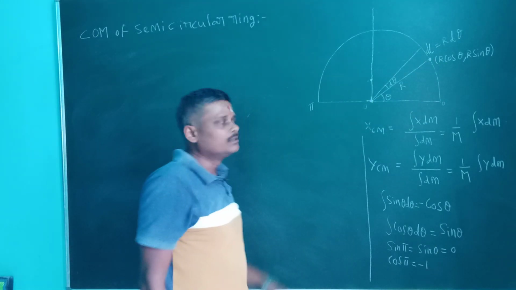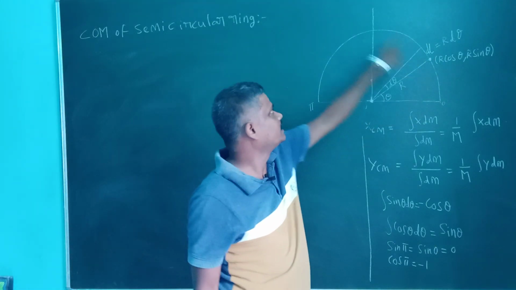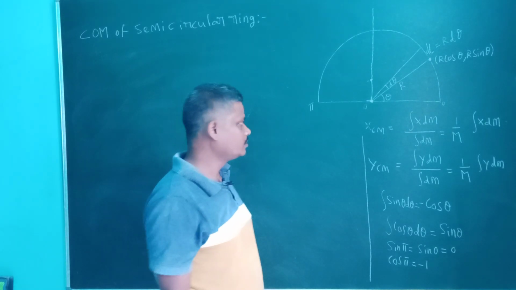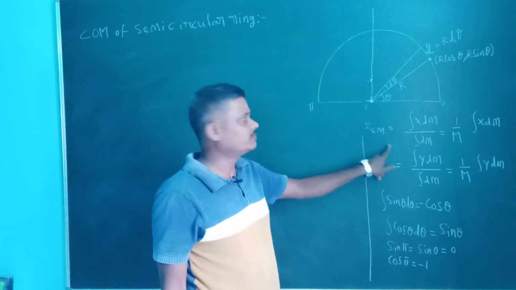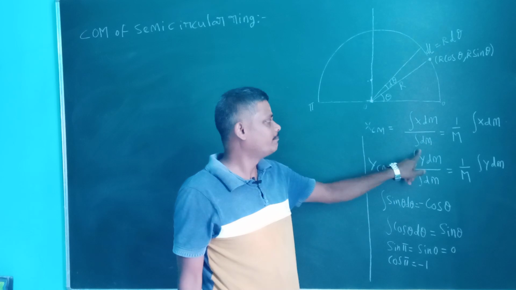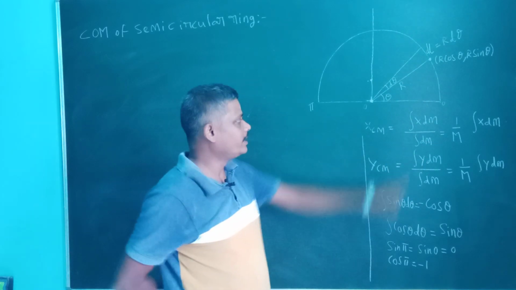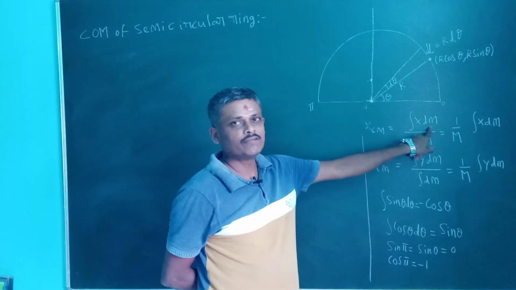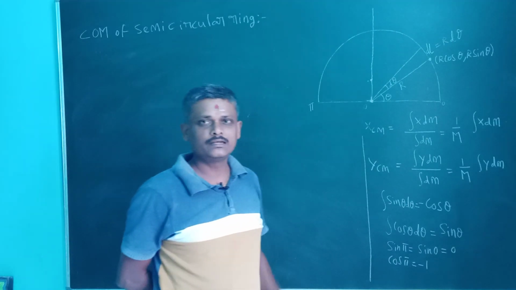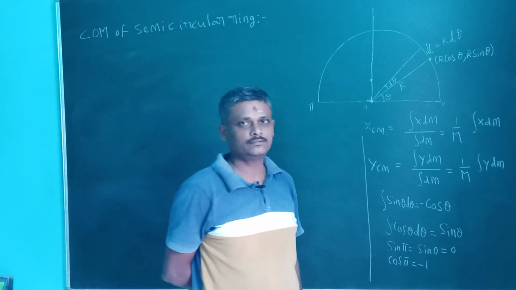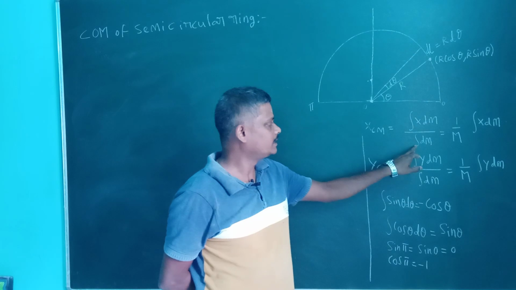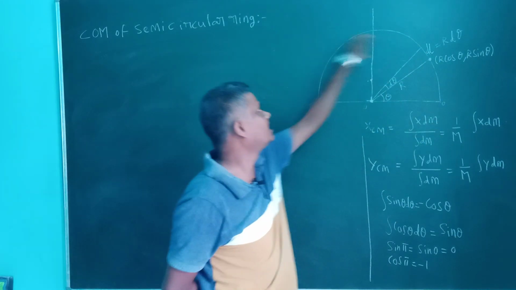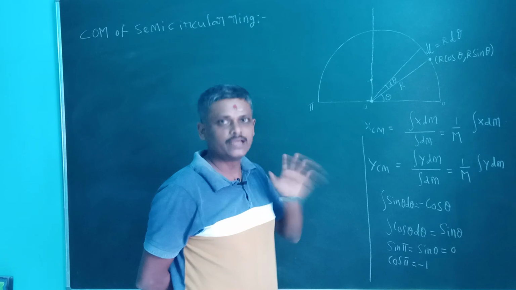Since this semicircular ring is a continuous mass distribution, we should know that x center of mass is given by integral x dm by integral dm, where x is the x coordinate of the element of mass dm. Here dm is the mass of the element, and integral dm is capital M, the mass of the semicircular ring.